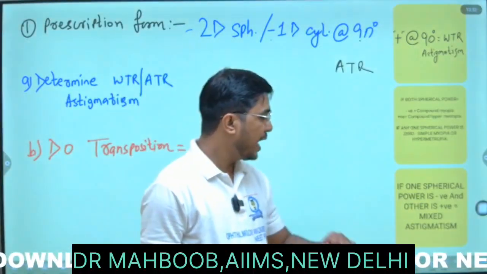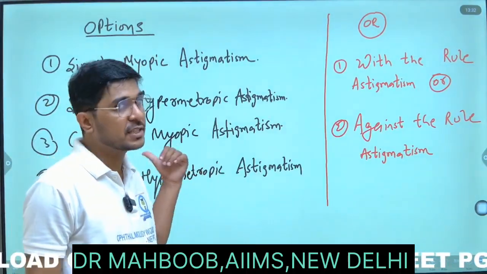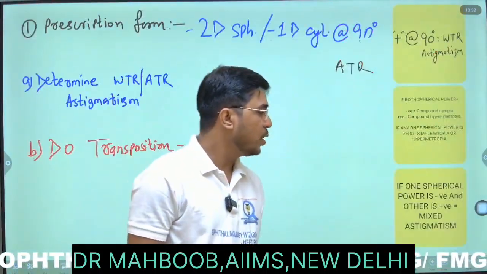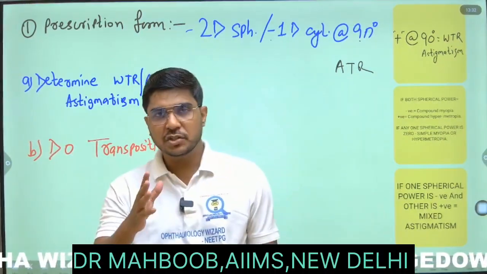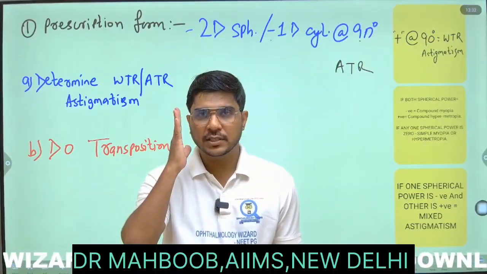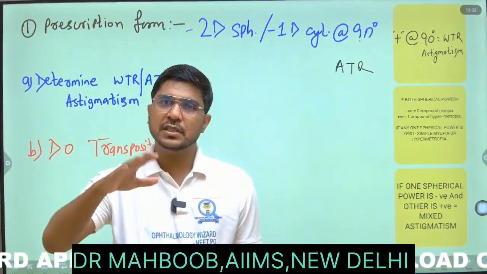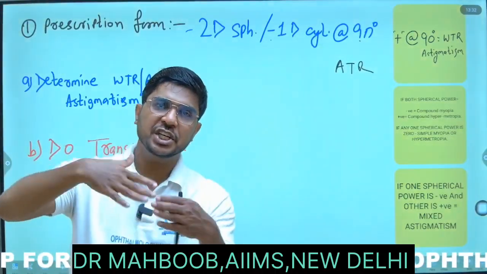Now we have to find out whether this is simple myopic or hypermetropic, or compound myopic or hypermetropic. To do that, we have to do one important thing that is called transposition. What is transposition? For one glass, we can have two prescriptions. These two prescriptions are the transposition form of each other.